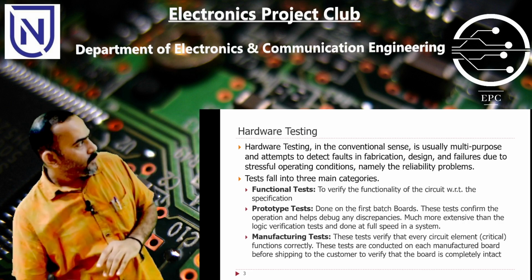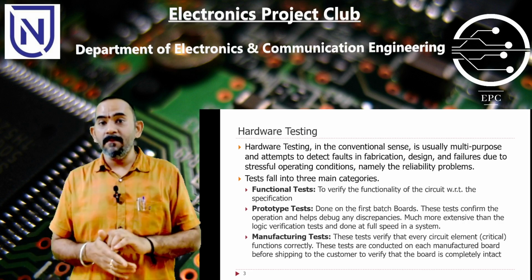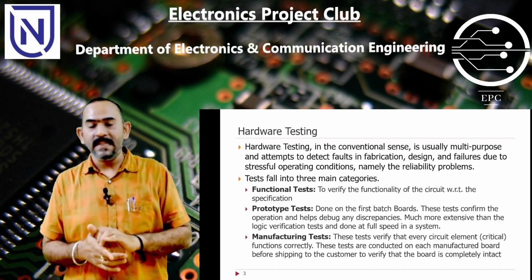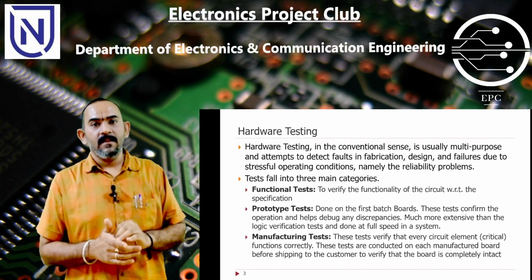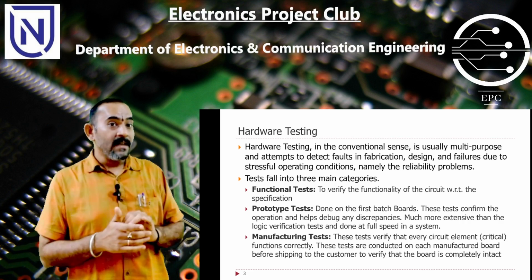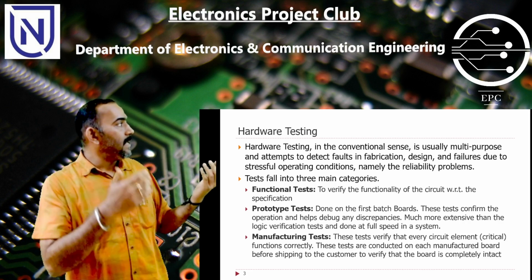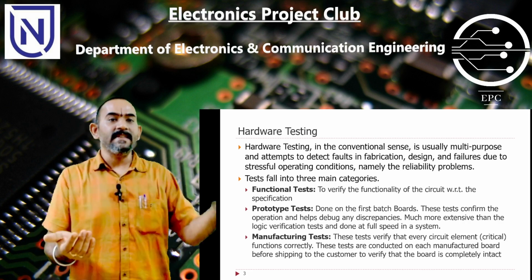Now, a little bit of terminology which we should remember when performing any testing. The first one is the defect. We say that an electronic system has a defect when there is a difference in the behavior compared to the design.